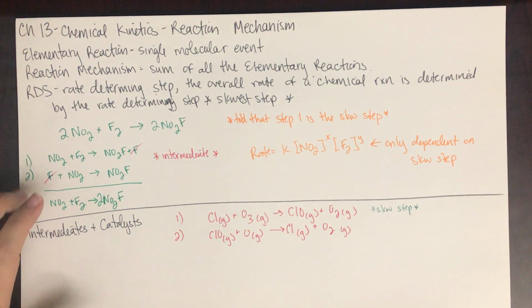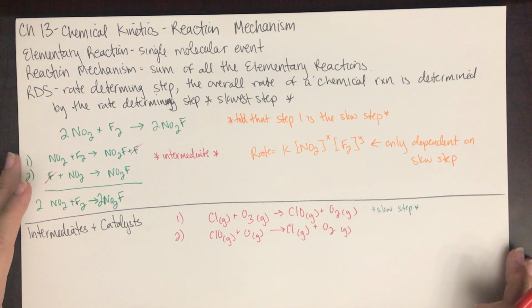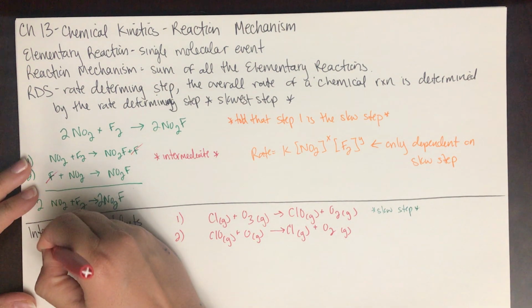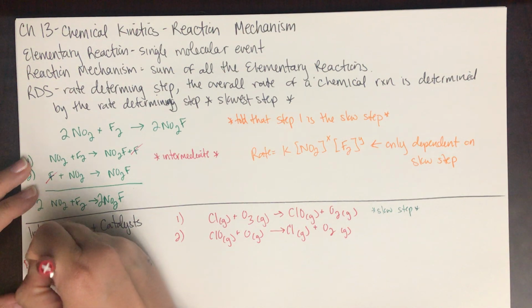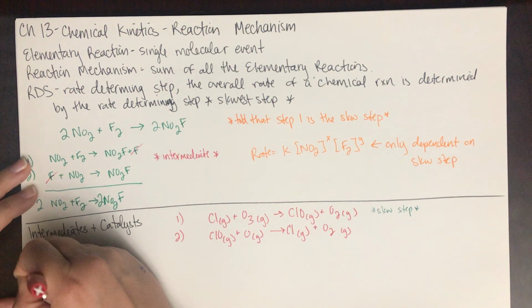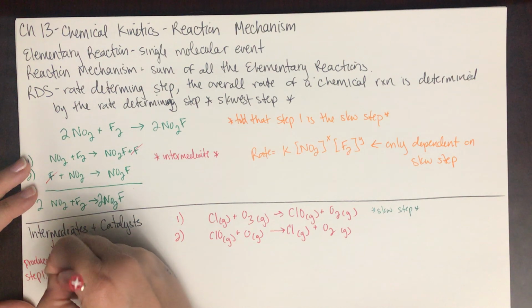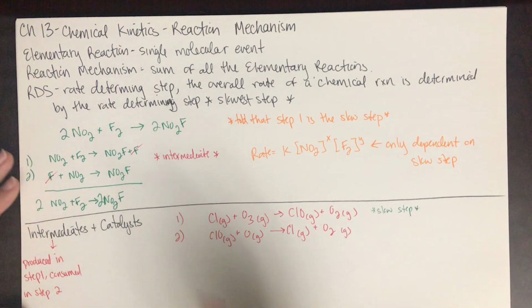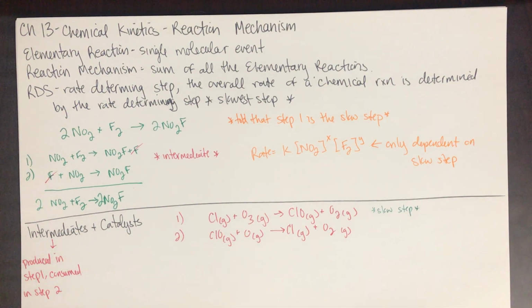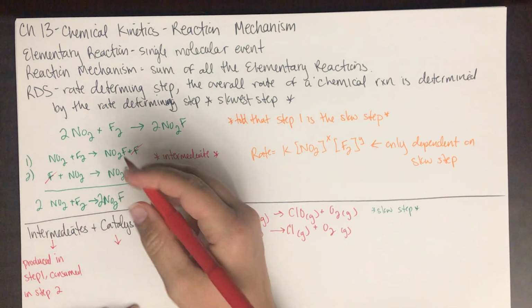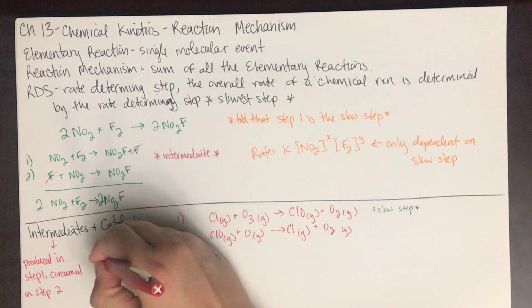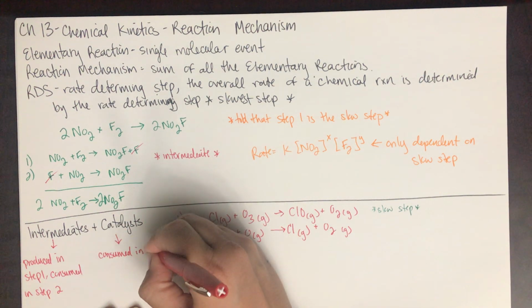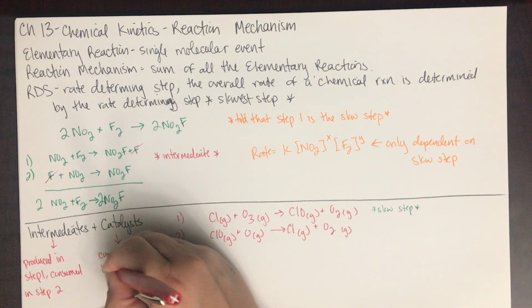Intermediates are something that are produced in step 1 and consumed in step 2. Catalysts are consumed in step 1 and produced in step 2.